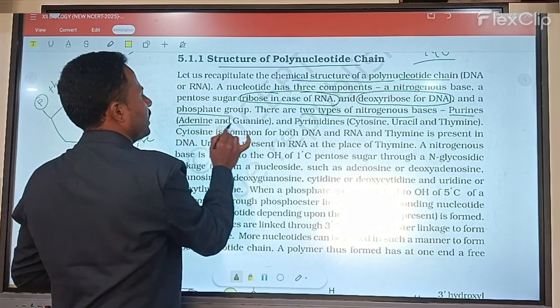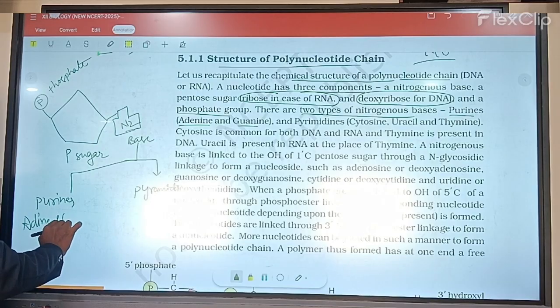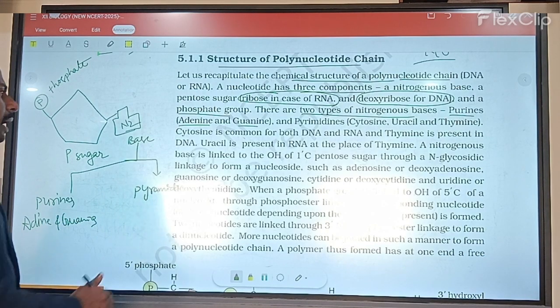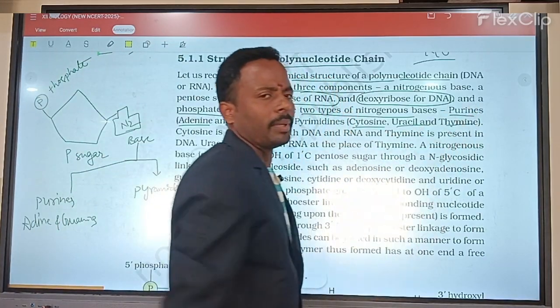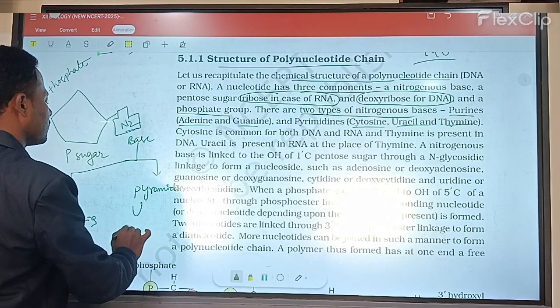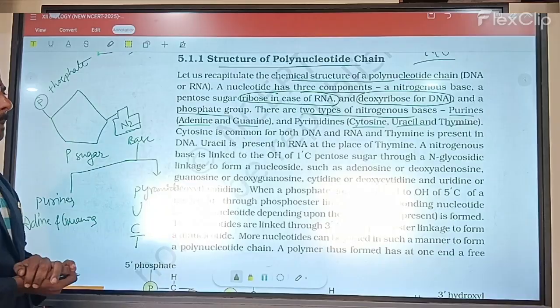Purines are adenine and guanine. Pyrimidines are cytosine, uracil and thymine.